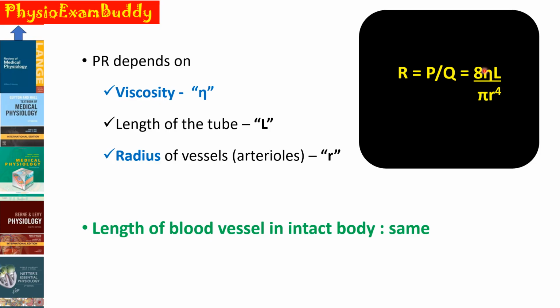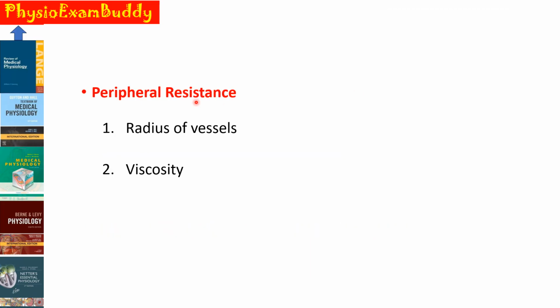The radius is inversely related to the peripheral resistance, and the viscosity of the blood is directly related to the peripheral resistance. We have seen that in an intact body, the length of the blood vessels does not change.